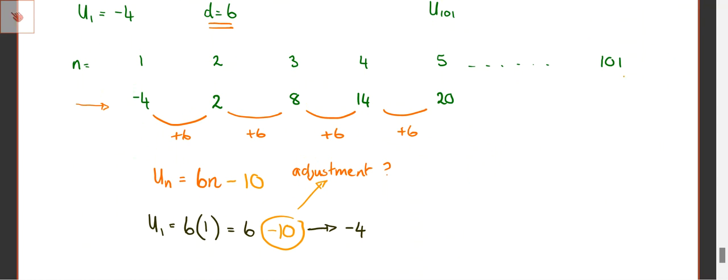Now we need to figure out U101. What do we do? Yeah, so U101 is 6 times 101 subtract 10.